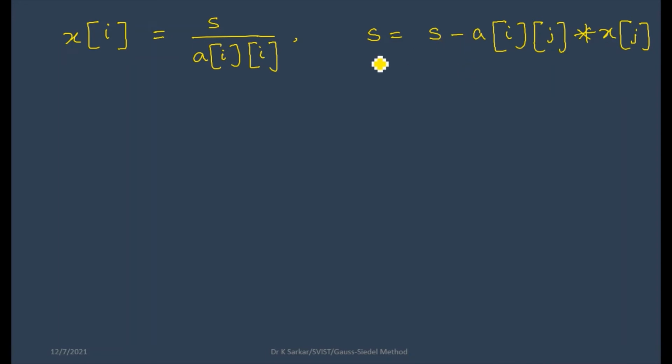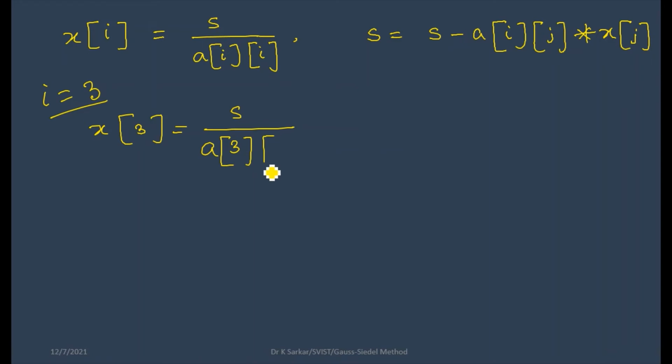Now let us check for i equals 3. So x3 is s by a33, and s is s minus a3j multiplied by xj. Here ij means 3 and j, you do not know, so keep it like this.